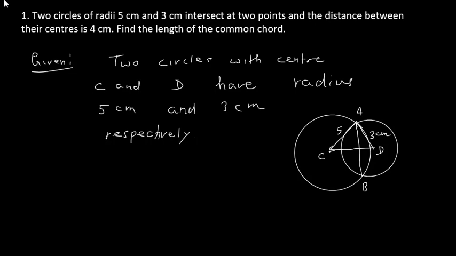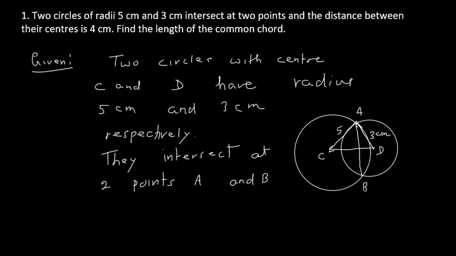They intersect at 2 points A and B. So they intersect at 2 points A and B. Now CD is given, CD is 4 centimeter.